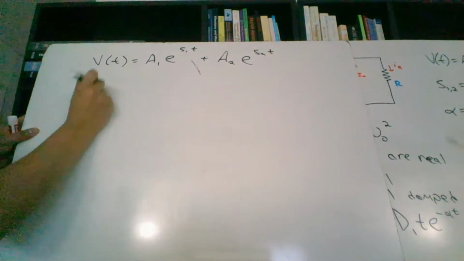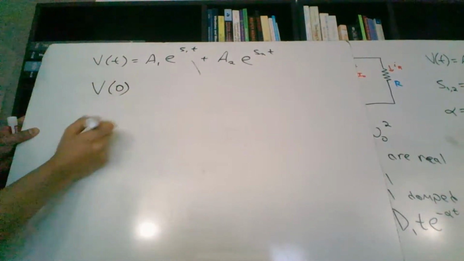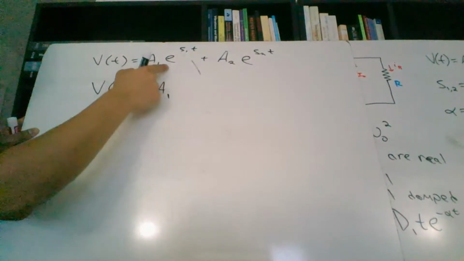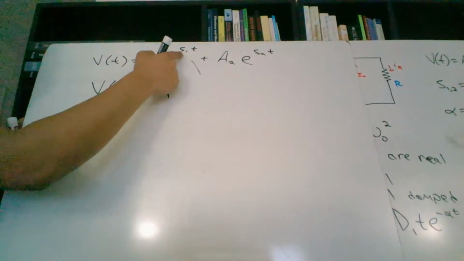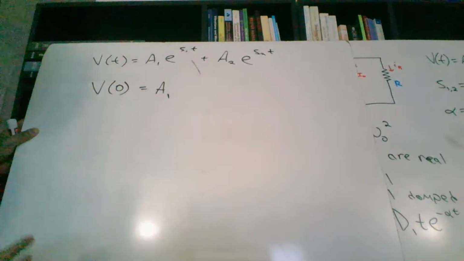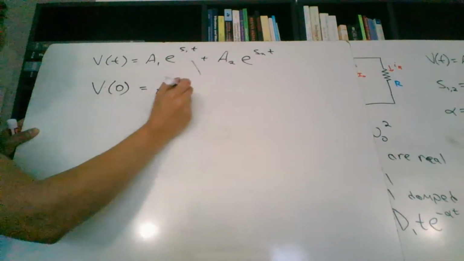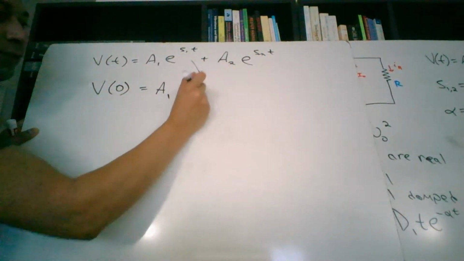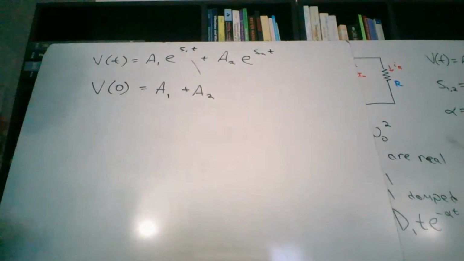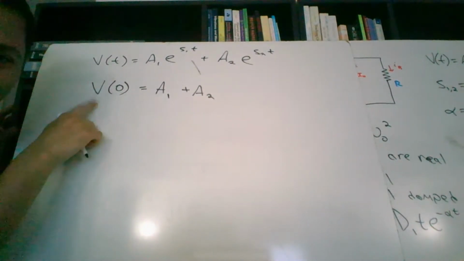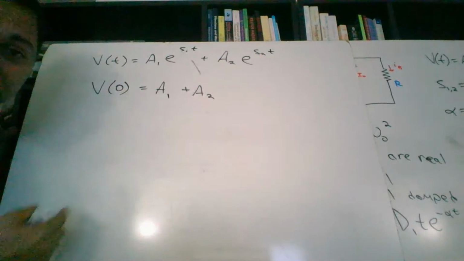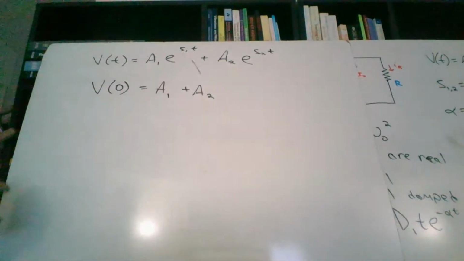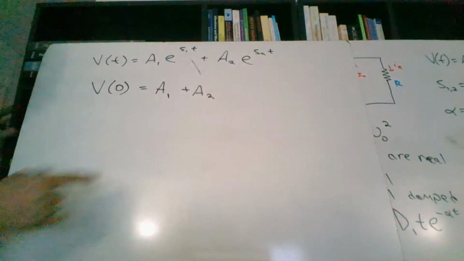So the voltage at time equals 0 will give us A1, and then e to the power 0, it doesn't matter what S1 is, e to the power 0 is 1. So we just get A1 here, plus this part, again, e to the power 0 is 1, so we get A2. So here's one condition. And so what this means is this is going to be our voltage at time equals 0. So in the problem, they would probably give that to you, and you can just solve for it from there. The second, so this is equation 1.